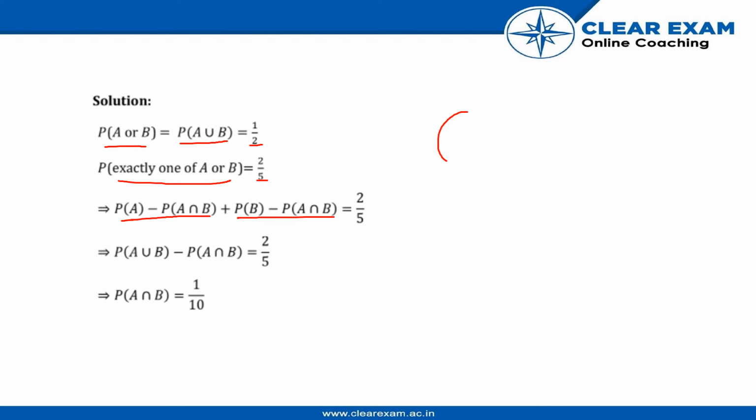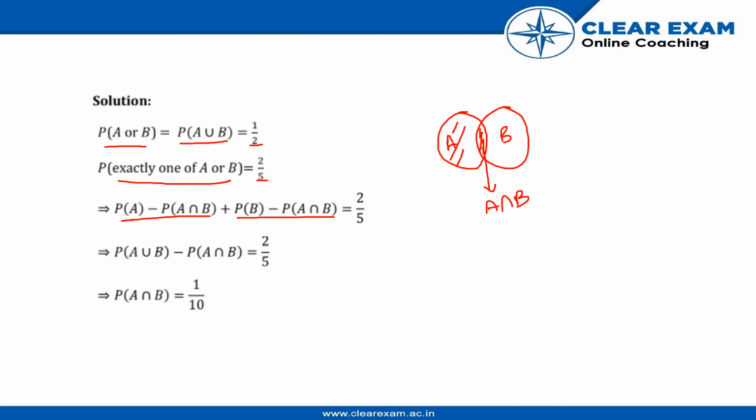So think of it like this. Suppose this is A and this is B, and this region over here is A intersection B. The probability that exactly one of either A or B occurs is given by probability of A, which means this whole circle, minus probability of A intersection B, removing this area, which leaves us with this part.